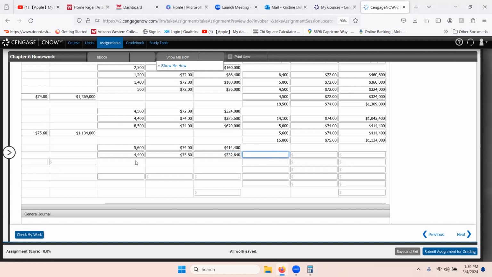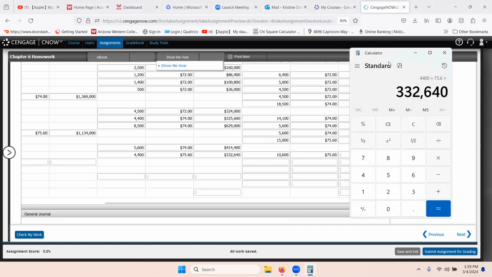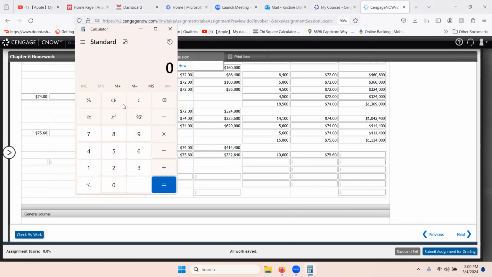Okay, subtract the 4,400 from the 15,000. This is our green. Okay, so that's going to be 10,600 at 75.60. Now I can subtract the 332,640 from this, or I can do it on the computer with the calculator. And guess which one I'm choosing?